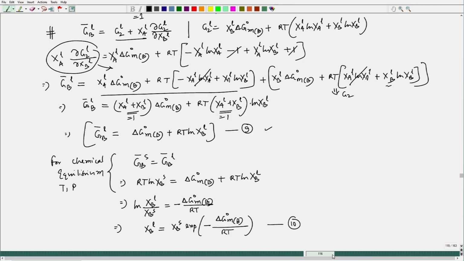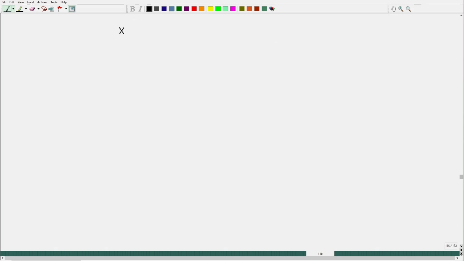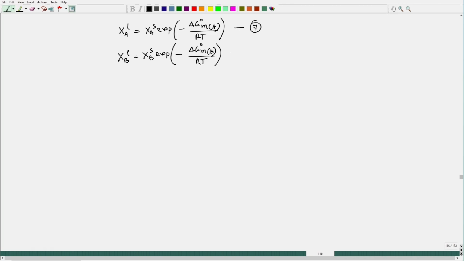So now we have two equations: XAL equal to XAS times exponential of minus delta G naught M A divided by RT, which is equation 7, and XBL equal to XB solid times exponential of minus delta G M B by RT, which is equation 10.